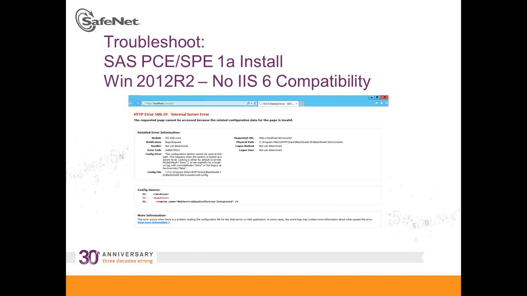This basically means that you don't have IIS 6 compatibility mode. Okay, so if you see this across support, look out for it because it's a very simple fix. You go back to roles and you simply add the IIS 6 compatibility mode.